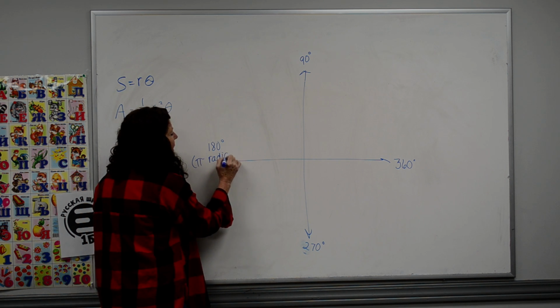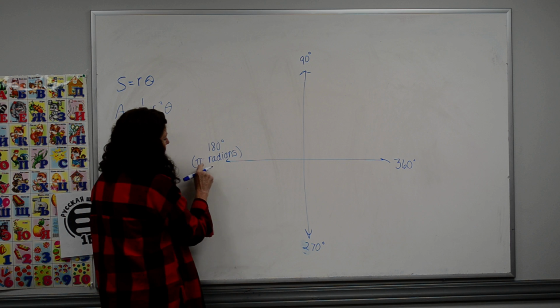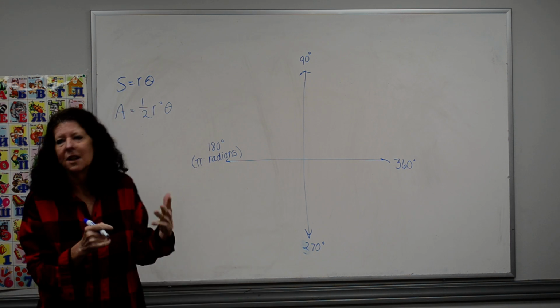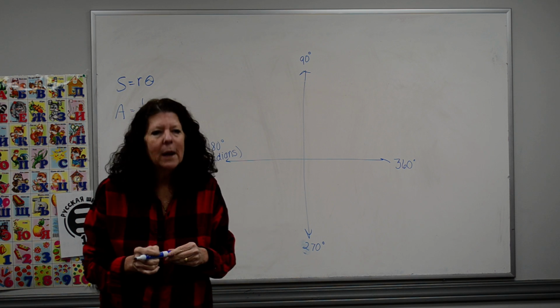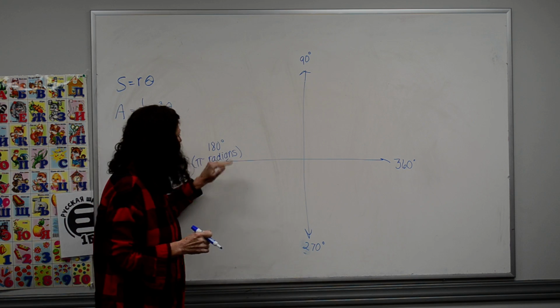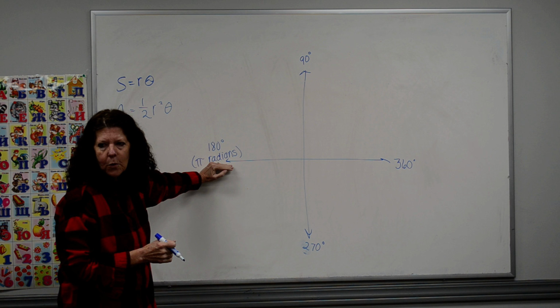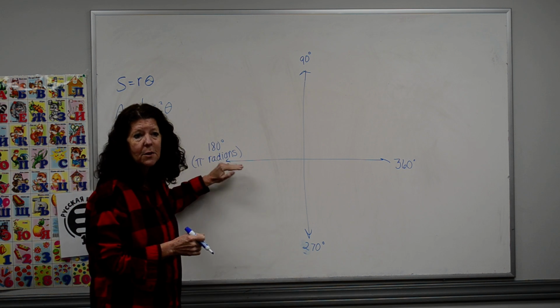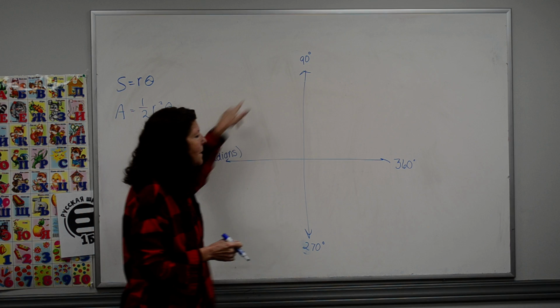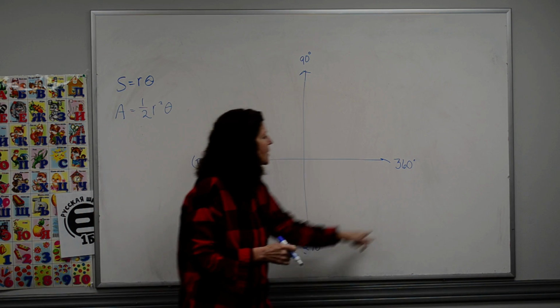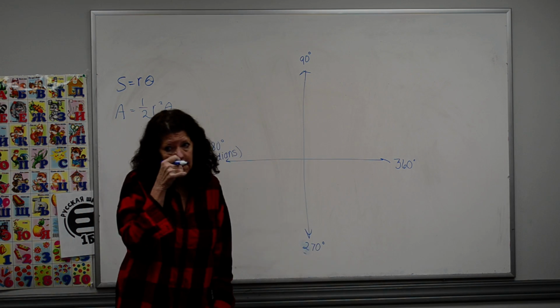Now, do not get mixed up on thinking, oh, that's just an unknown. No, what is pi? 3.14. So literally this is 3.14 radians, but the easiest way to do it is to call it pi radians. If this is pi radians, what is all the way around a circle?